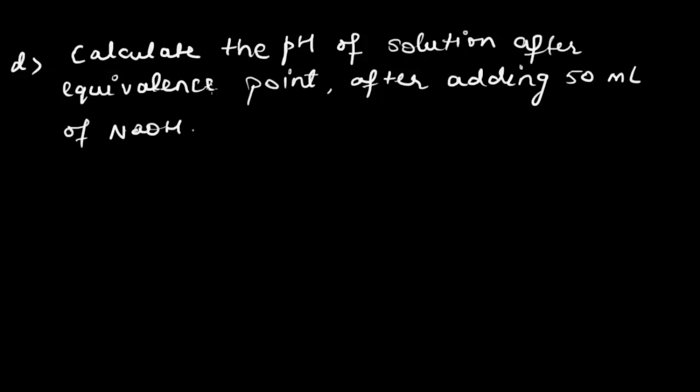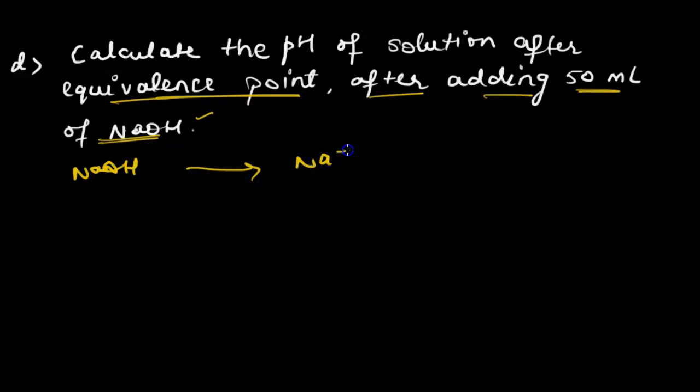Now, if we are given a scenario where we have to calculate the pH of solution after the equivalence point, that is after adding 50 ml of NaOH, then what is going to happen? We have NaOH that gives us Na positive and OH negative. NaOH concentration has not changed and it will not change as well because that's what has been given to us initially.